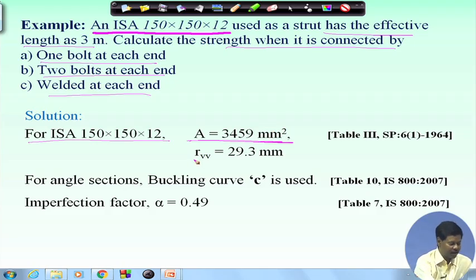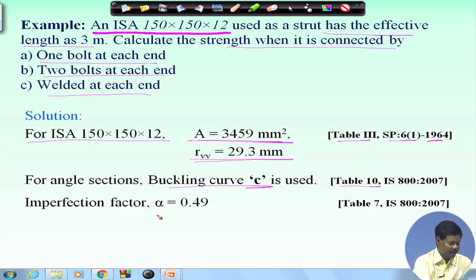Similarly, I need the radius of gyration about the minor axis, that is given as 29.3 millimeter. This is available in table 3 of SP 6 1 1964. And for angle sections we know that the buckling curve will be C, which is given in table 10.